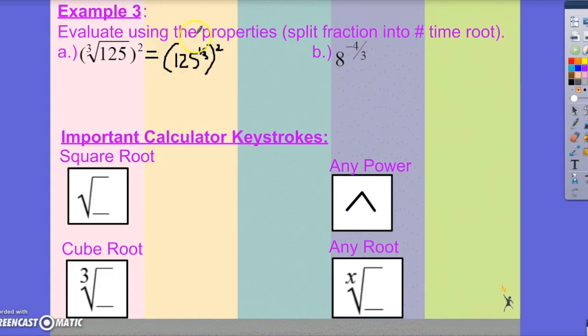So 125 to the 1/3 power, or the cube root of 125, use your chart. Go down the cube pattern once. You should get a 5. And always keep parentheses in case something's a negative. That does actually matter if it's negative or positive inside the root. 5 squared is now 25.